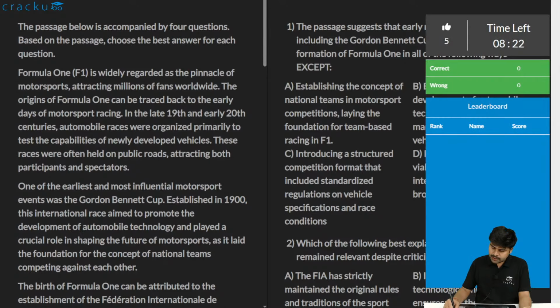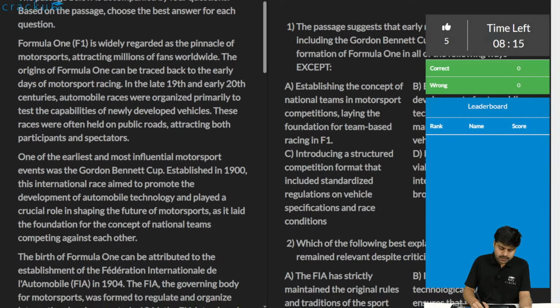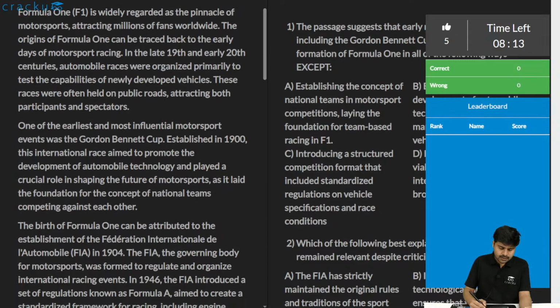Try to read this. You have 8 minutes 21 seconds. I will scroll down the passage, right? Once we have finished. Remember the passage is towards my right, right? This is the passage right here, and these are the questions.